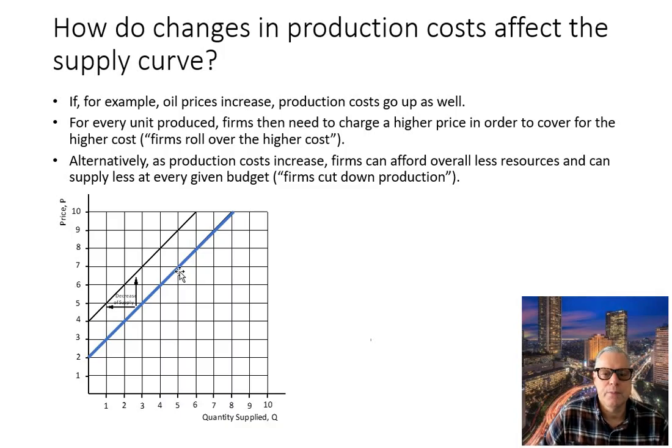So now we can say that those higher prices either shift the supply function up, but that would be the same as to say it shifts the supply function to the left. So it either shifts the supply function up or to the left. Both is a decrease in supply.